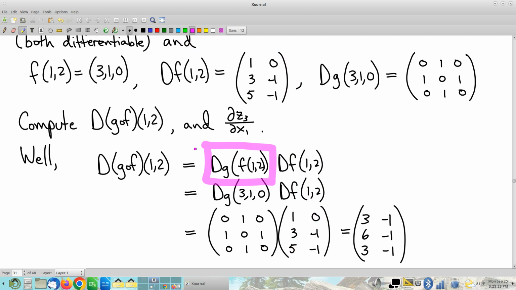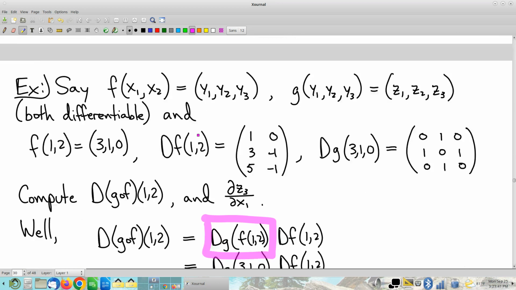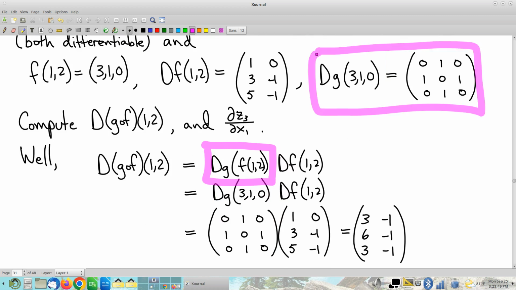Next, we need the derivative of g evaluated at this point called f(1, 2). That's what the chain rule says. The derivative of the second function is evaluated at the point where g is acting, and g is acting at the point f(a). So I need the Dg matrix at the point f(1, 2). I have the Dg matrix at the point (3, 1, 0).